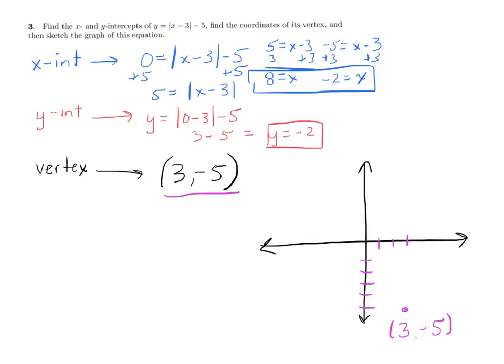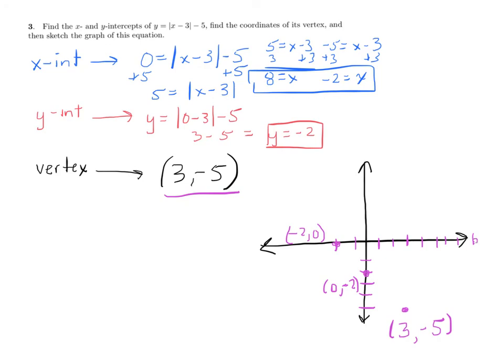All right. My y-intercept is -2. So that's 0, -2. My x-intercepts are at -2, 0 and at 8, 0.